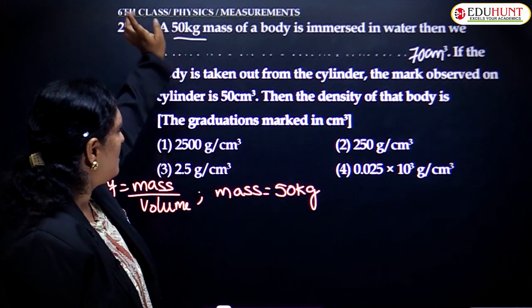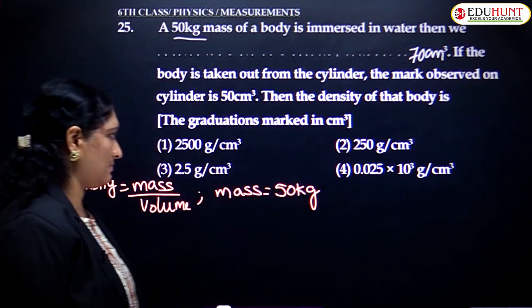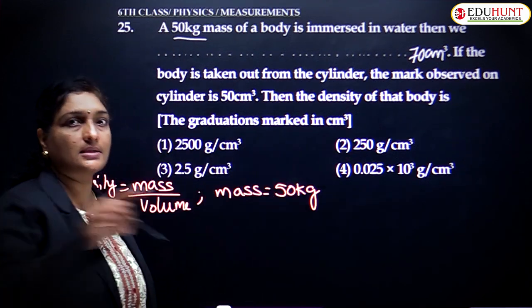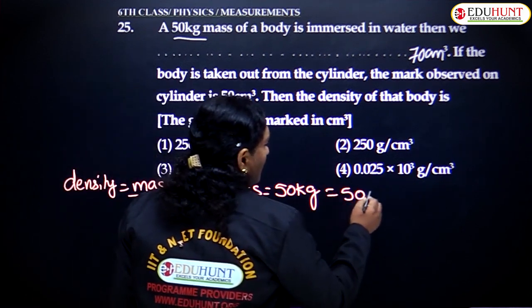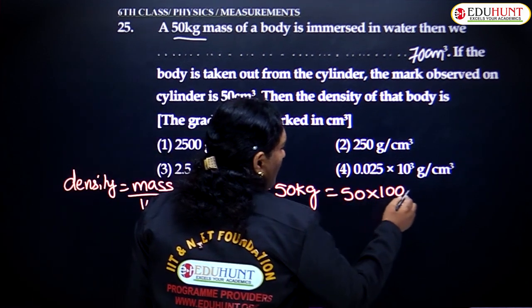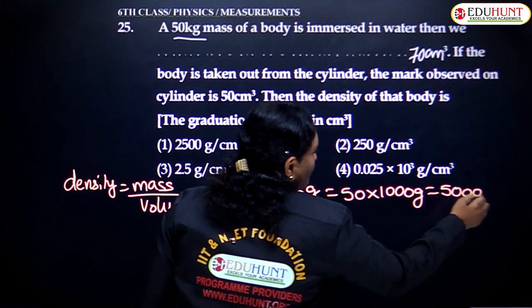So we need to convert this kg into grams. If 1 kg is 1000 grams, then 50 kgs would be 50 into 1000 grams. This will be 50000 grams. Okay, children?